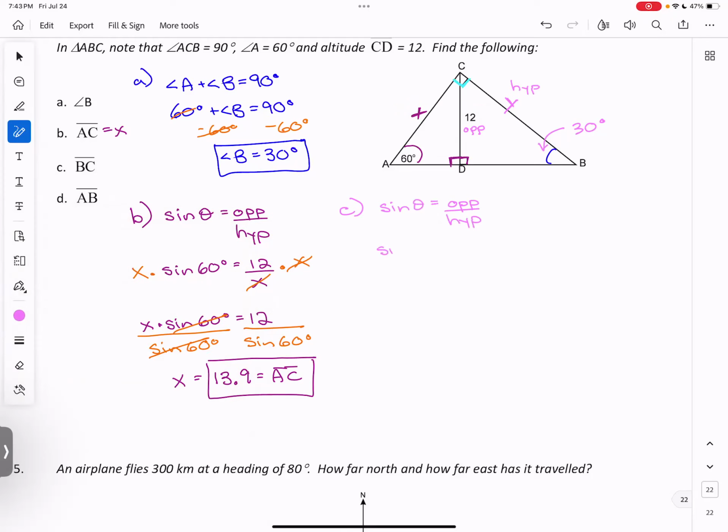So sine of 30 degrees is 12 over y. Multiply both sides by y. And then let's divide both sides by sine 30.